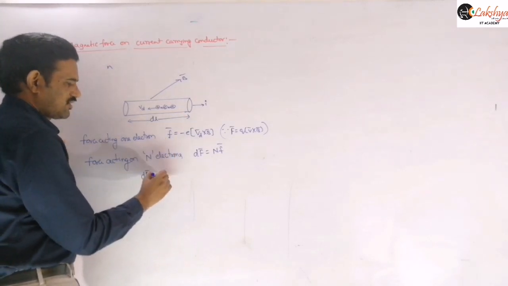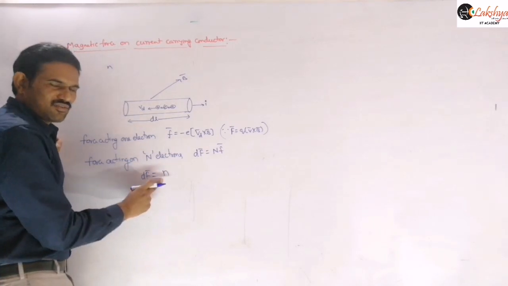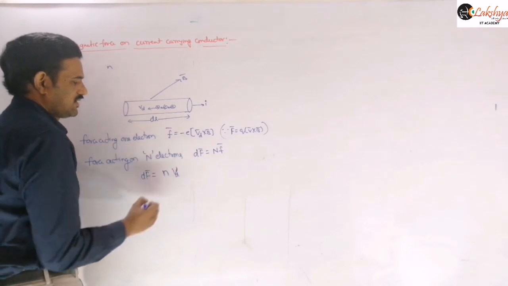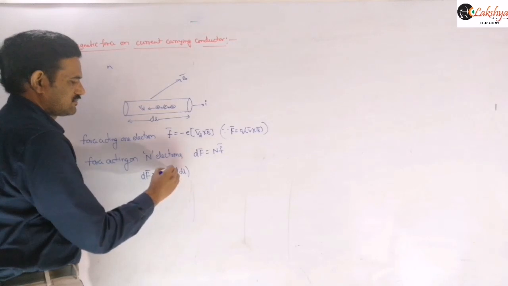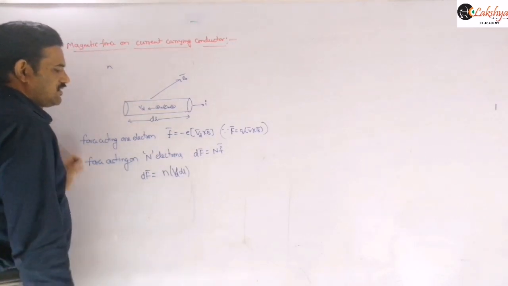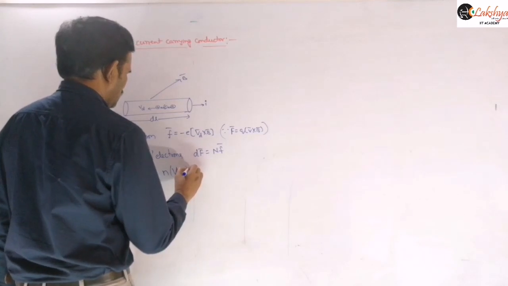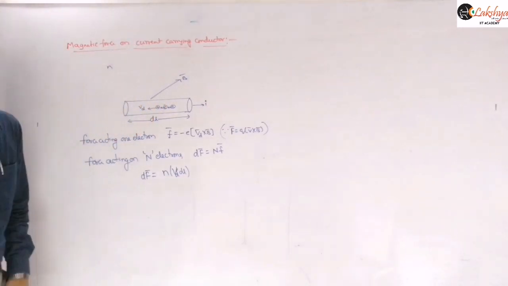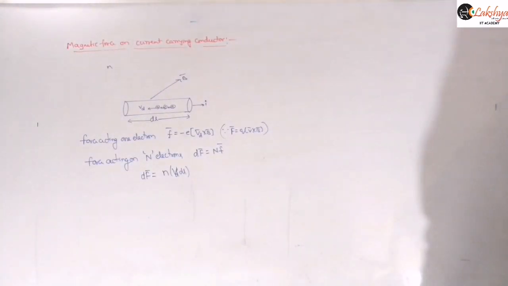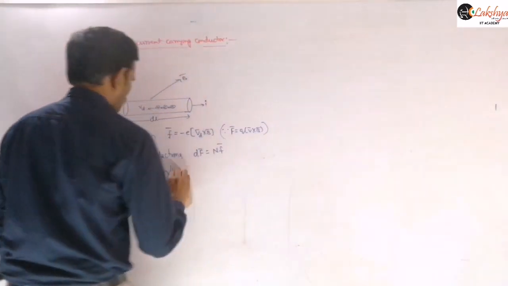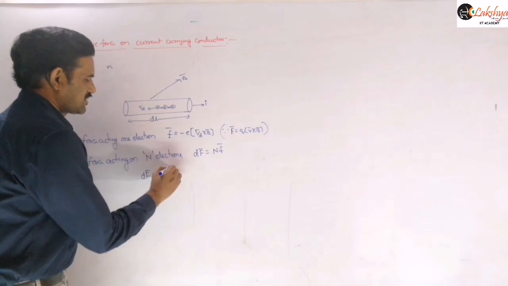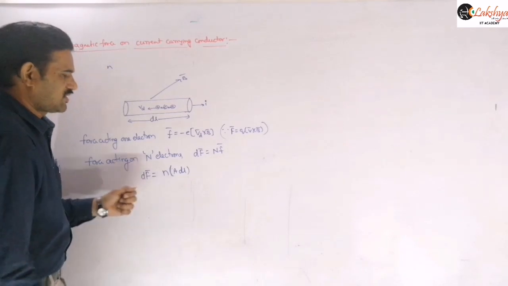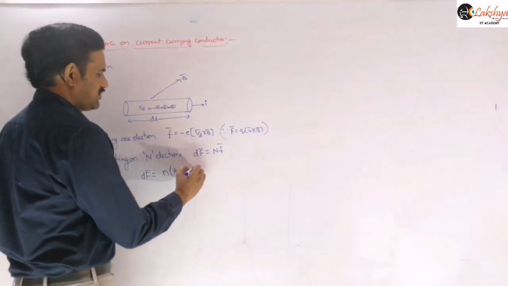n is nothing but the total number of electrons. The total number of electrons we can write as the number of electrons per unit volume into the volume of that part. So the volume of that part we can write as the area of cross section into dl, where A is the area of cross section of that conductor and dl is the length of that element we are taking here.